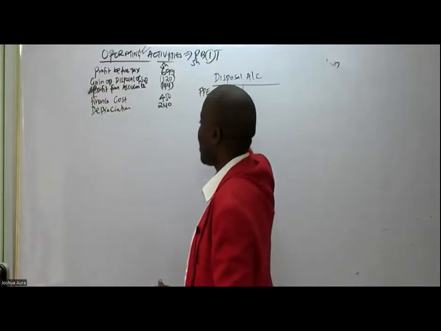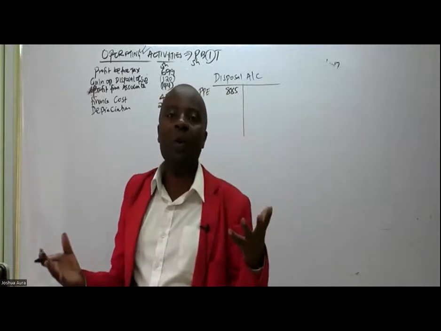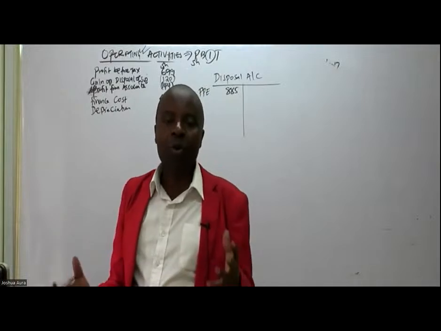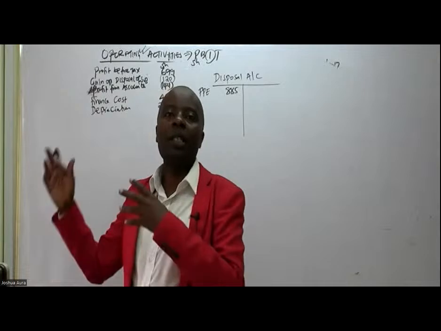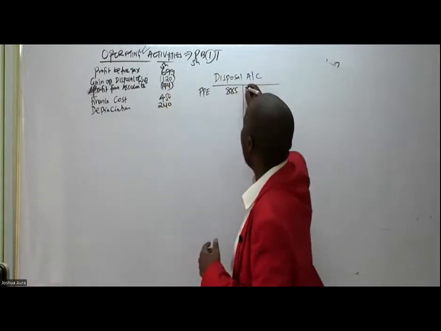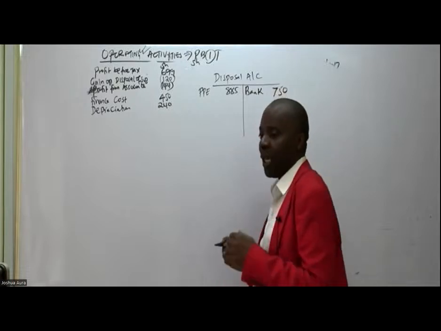And then the next thing that ensues will be the money we got. When we get money out of selling this PPE, we debit bank and then credit this disposals account. So the bank, we are given 750.